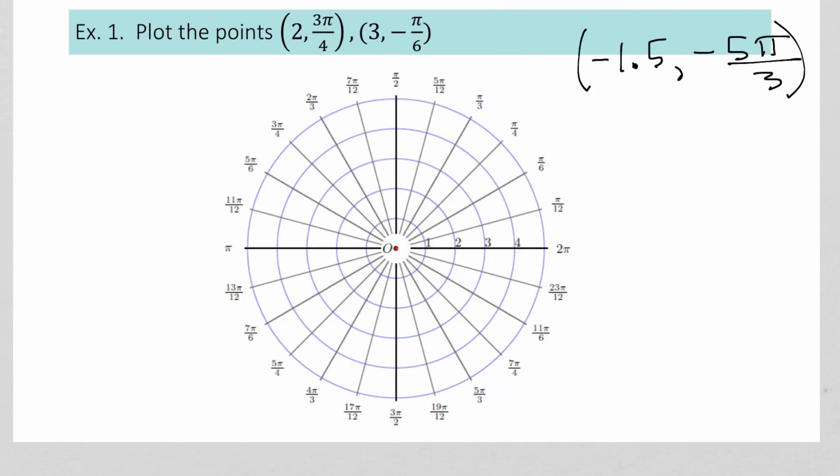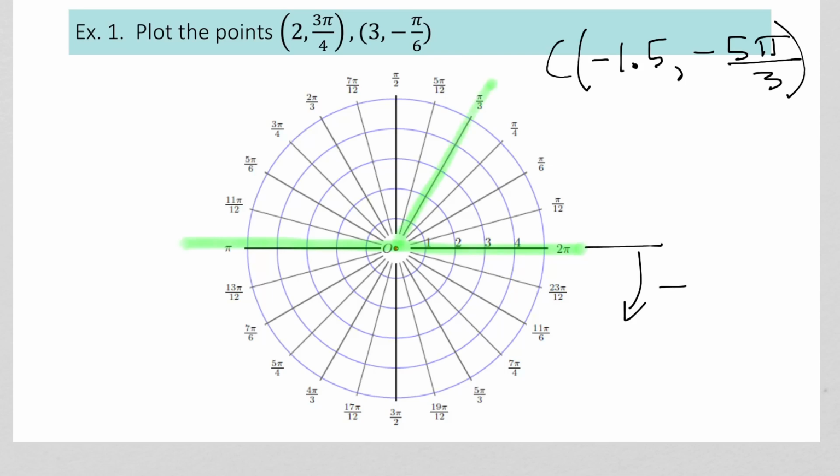Okay, one more point let's do. I'm going to plot this point, call it C, negative 1.5, negative 5 pi over 3. So that means I'm going to have to rotate in the negative direction, 5 pi over 3. In order to figure out where I am with this, I'm going to divide my circle into thirds. So I'm going to draw this line. So I've got 1/3.